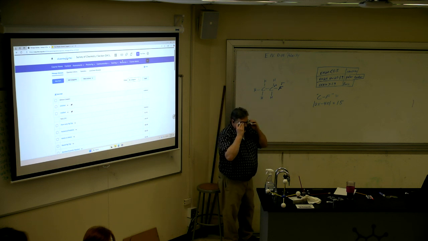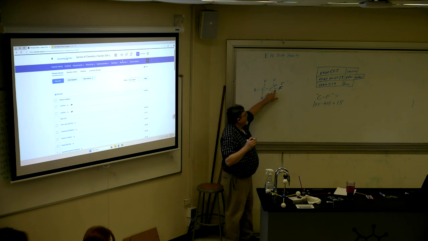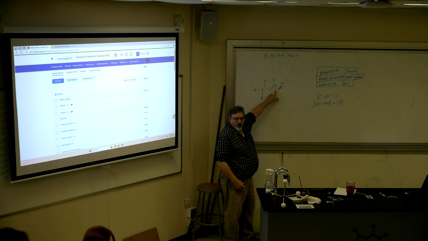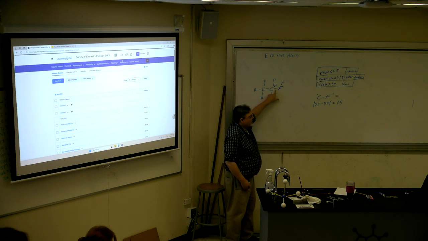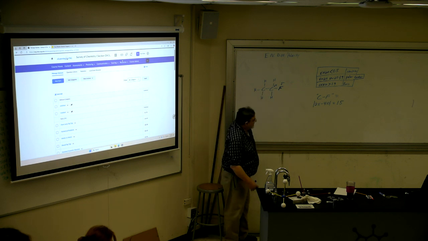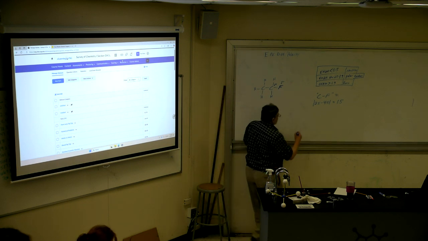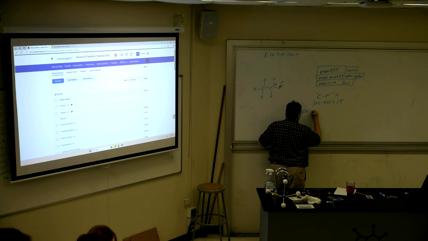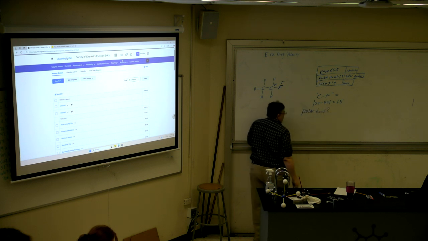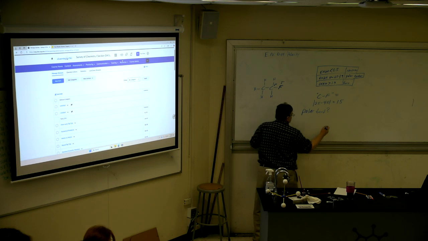So here's the weird thing. If I point here, I would say there's a polar bond right there. And that polar bond makes this overall molecule a polar molecule. So there's two different concepts here. You ask yourself that question, the answer is yes for this molecule.